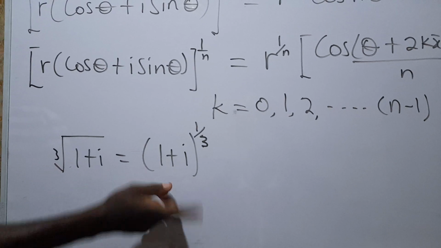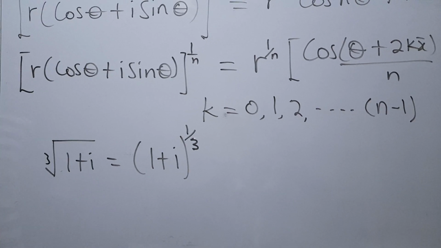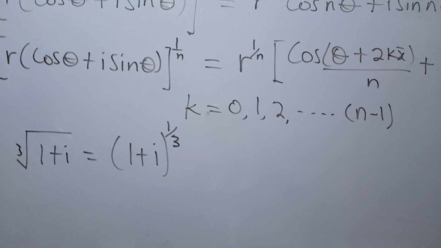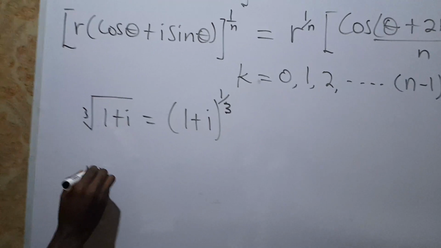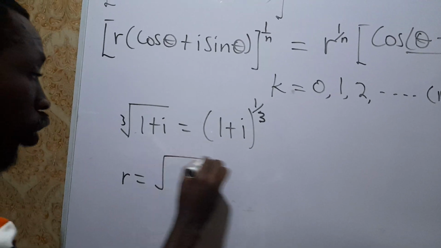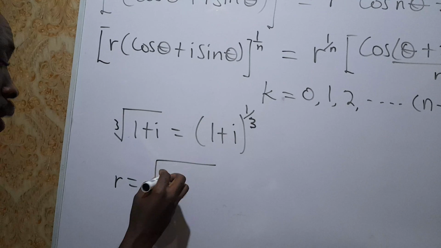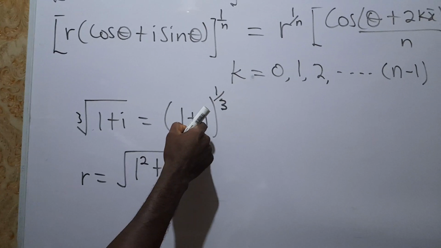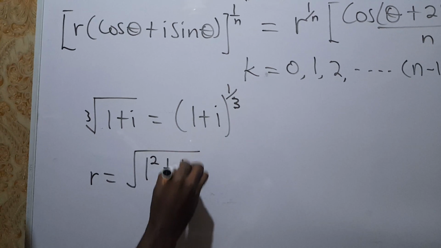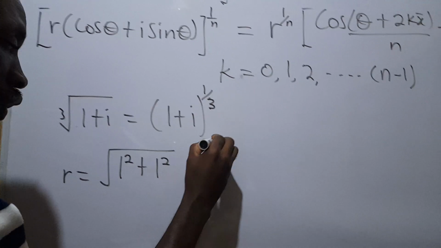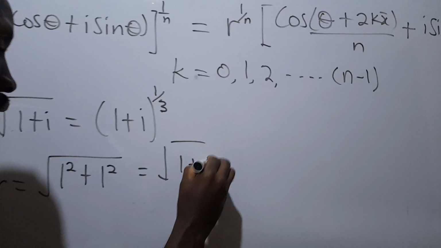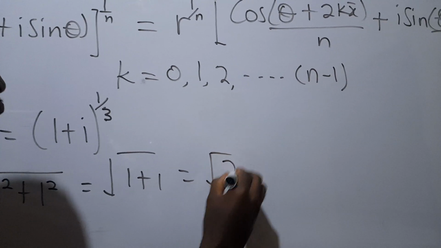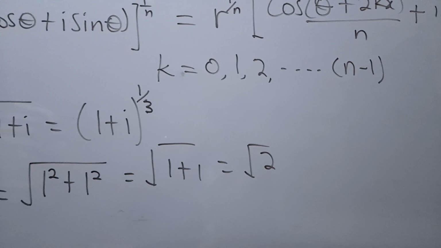That's by finding the magnitude and the argument. So r, which is the magnitude, will be equal to the square root of the real part squared plus the coefficient of the imaginary part, which is 1, squared. So we'll have the square root of 1 plus 1, equal to the square root of 2. So our r is the square root of 2.